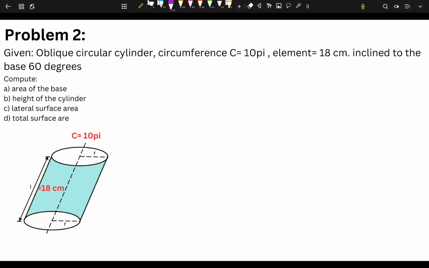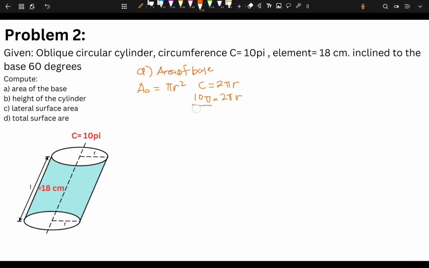Okay. Area ng base. The usual thing, katulad lang ng ginawa natin kanina. So, given tayo ng circumference. So, sabayan nyo ako sa pagsosolve. So, area ng base. So, that is area ng circle. Kasi nga, circular. So, pi r squared. So, given tayo ng circumference, that's 2 pi r. So, given tayo ng 10 pi is equal sa 2 pi r.